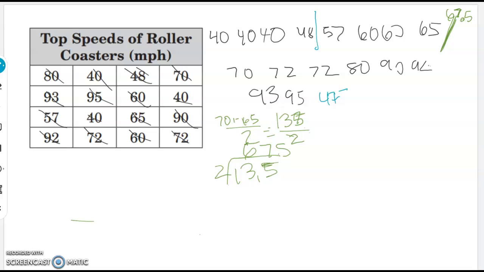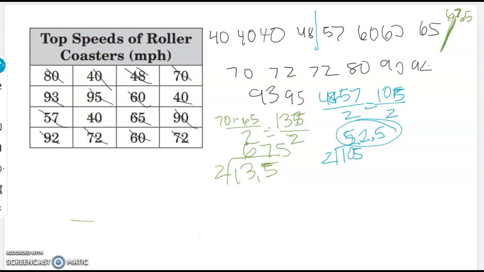I'm going to add 48 plus 57, divide by 2. That's going to be 105, divided by 2. That's going to get me 52.5. So that's going to be quartile 1.